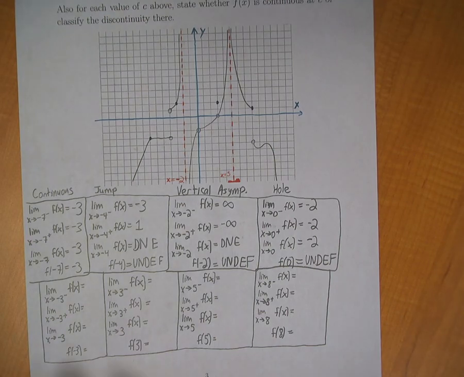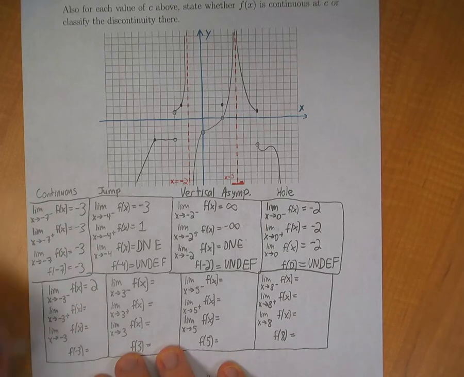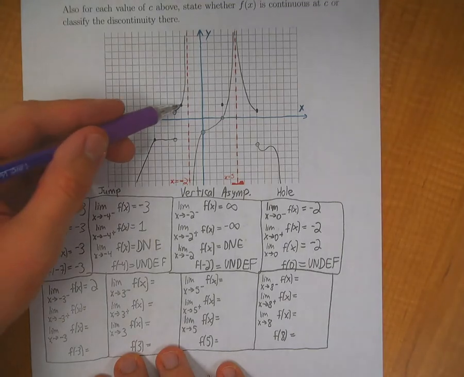For -3, let's go ahead and ask someone from this first row to help me fill in those 4 values. For -3, what would the left side limit be? It'd be 2, right? Yep, correct. Right side limit for -3? It'd still be 2.